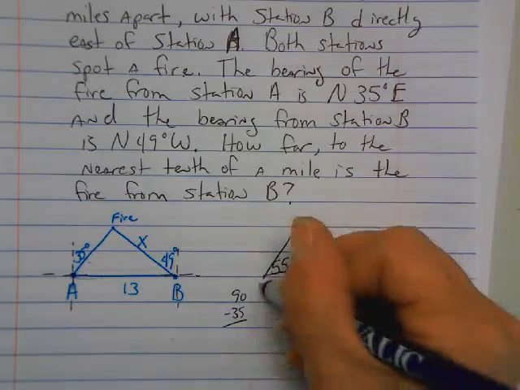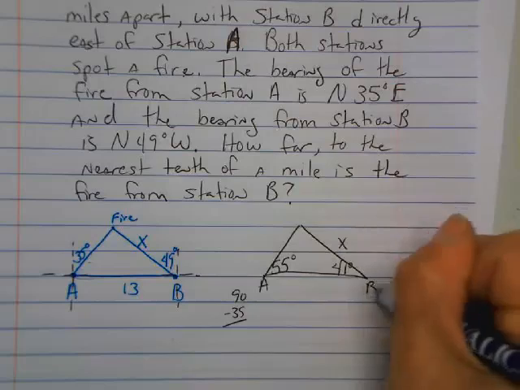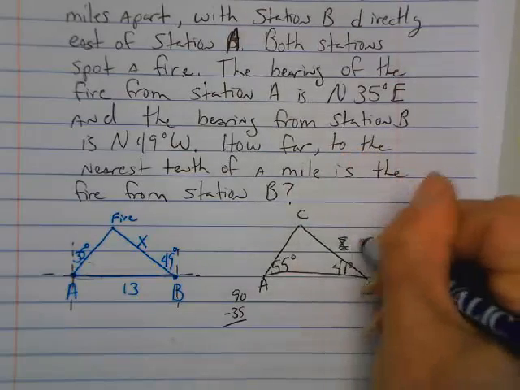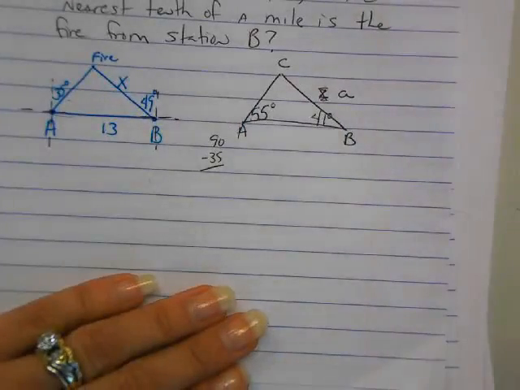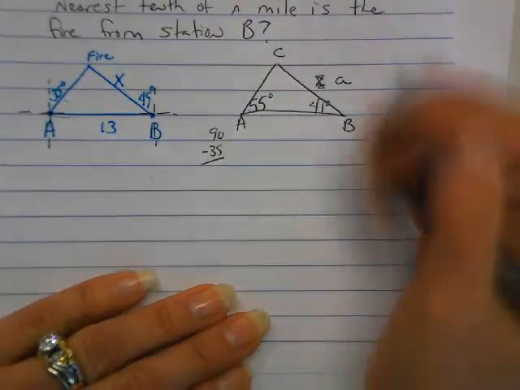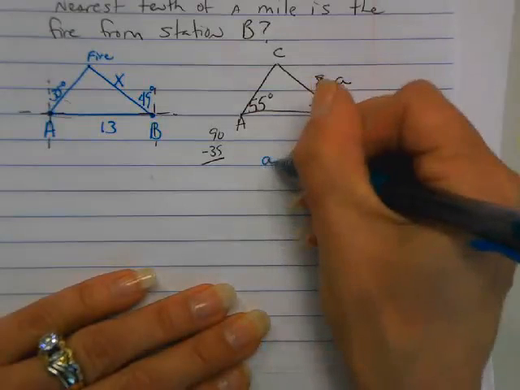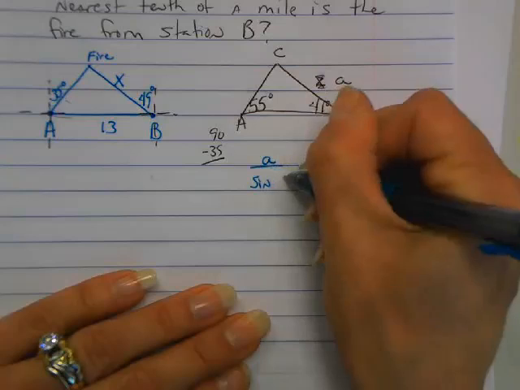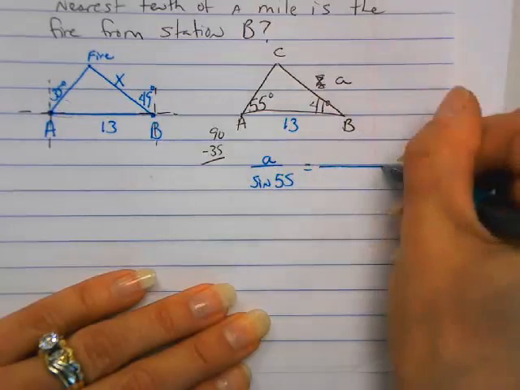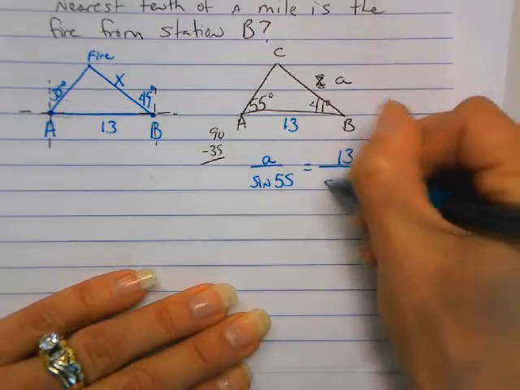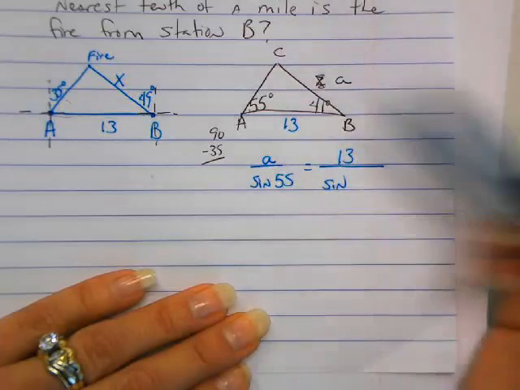Or we can call it anything we want. If you want to go back to what you've been doing, A, B, and C, then call it little a. So now I'm going to try to set up law of sines, and maybe it'll work. So little a is to the sine of 55, oops, I forgot that there's a 13 there, as 13 is to the sine of, well, wait a minute, do I know C?